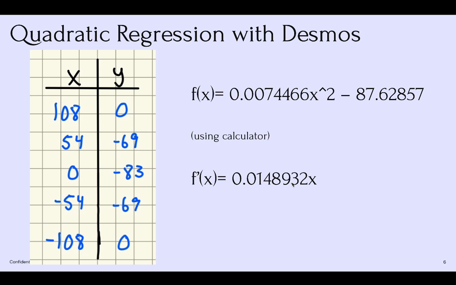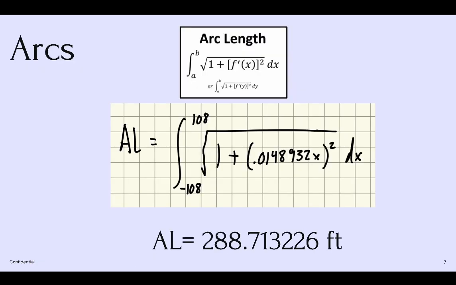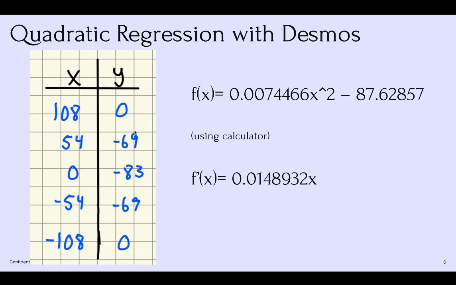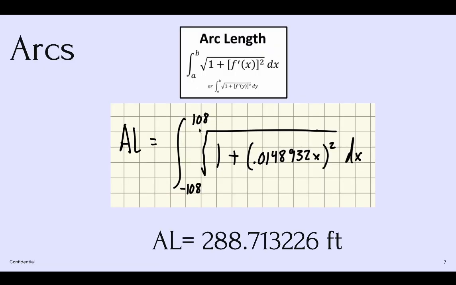Now we will use this derivative in the arc length formula. Up here at the top, we have the arc length formula in terms of x, which we were able to use in this case. Now, looking over here at the arc length formula in the middle, we see, like I said, these other points come into play where they were the x-intercepts.